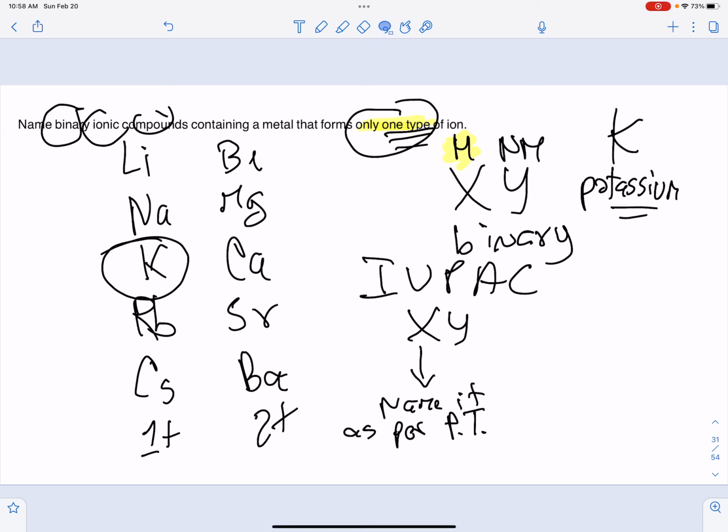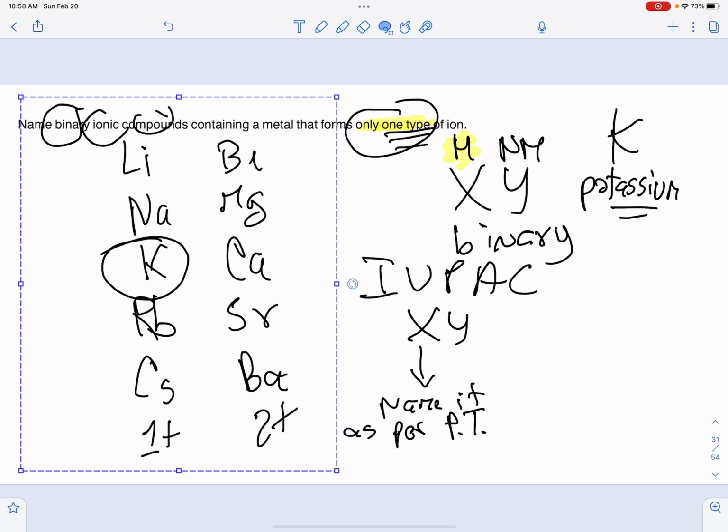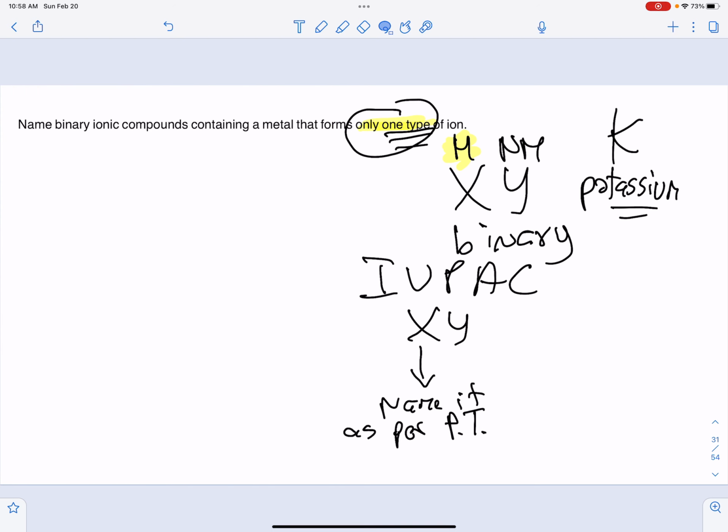So let's take that specific example. Let's do an ionic compound with potassium. I need a non-metal, so let's pick chlorine. It's binary because I have two elements. That's what binary means.